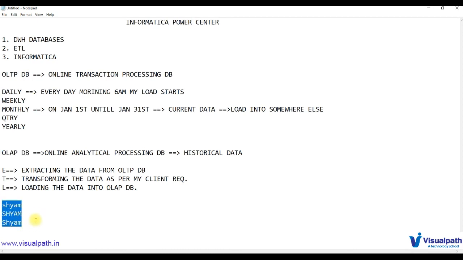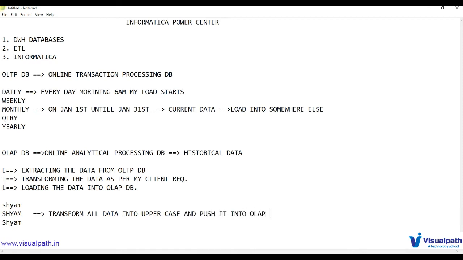So the client said to convert, or the best word, transform all data into uppercase and push it into the OLAP DB.